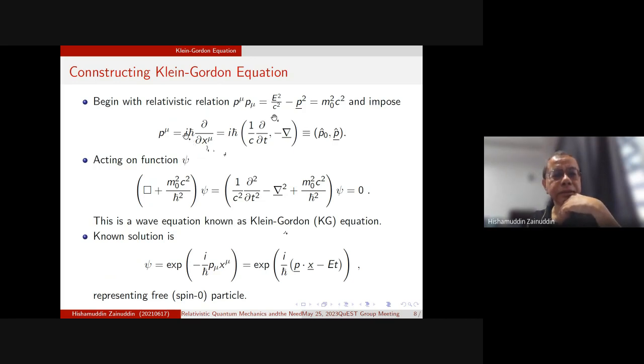You probably notice there's no negative sign here. It's because we already took it into account when you put this x^μ over here. Sorry, let me just think.